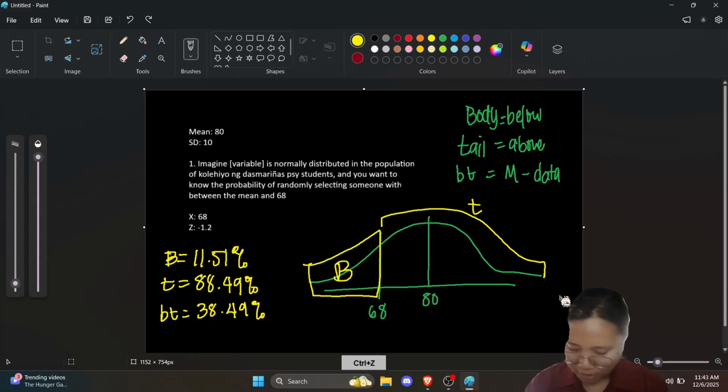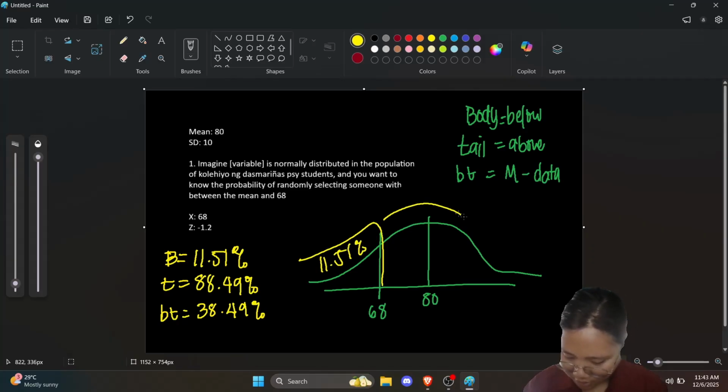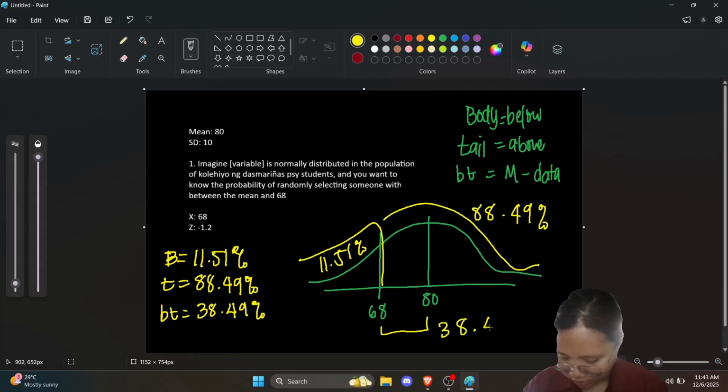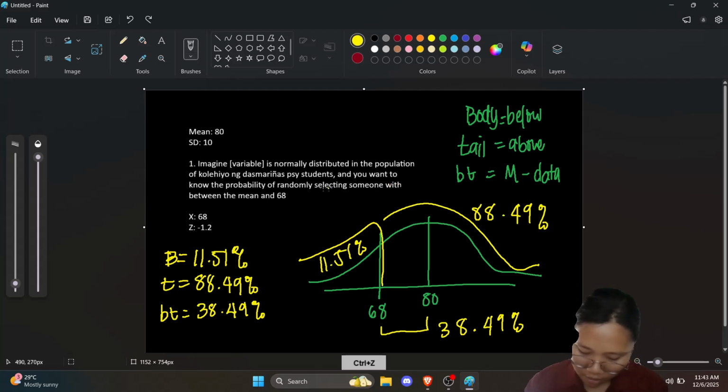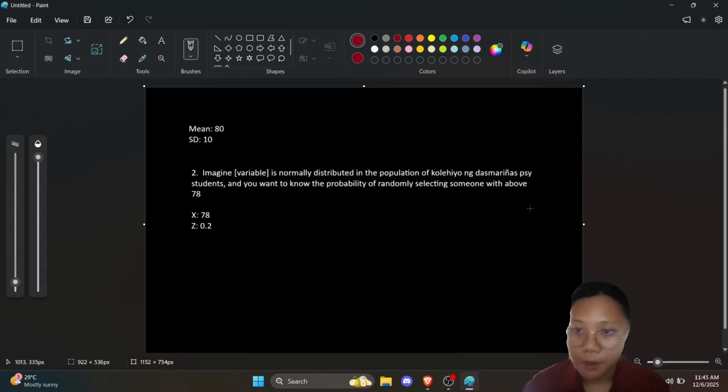The values of the body, tail, and in between are basically 11.51% for the body, 88.49% for the tail, and 38.49% in between. Now to answer this problem, the probability of randomly selecting someone with a score between the mean and 68 is 38.49%.